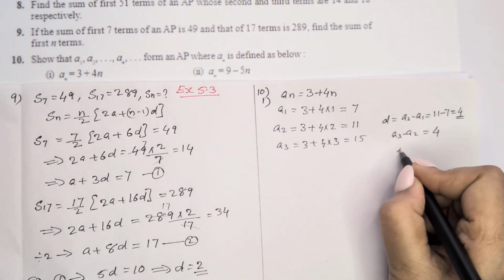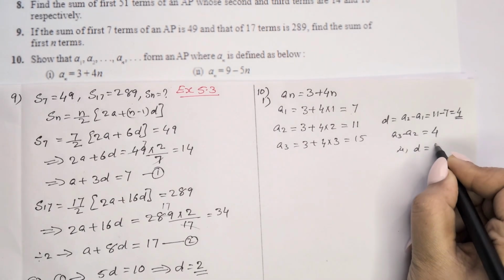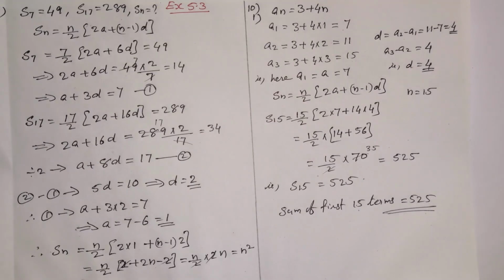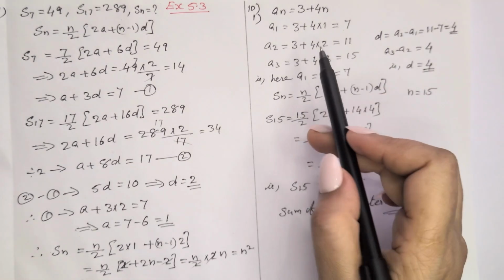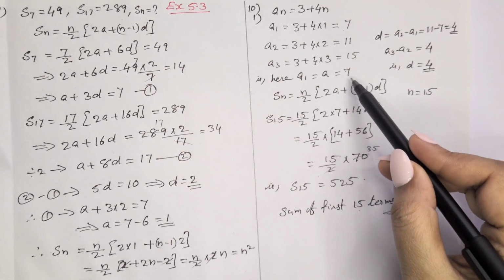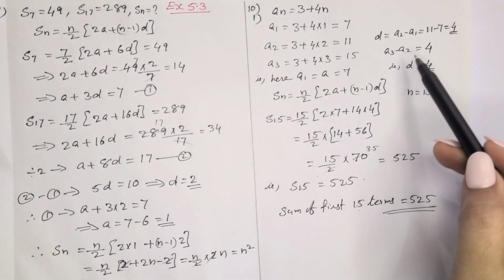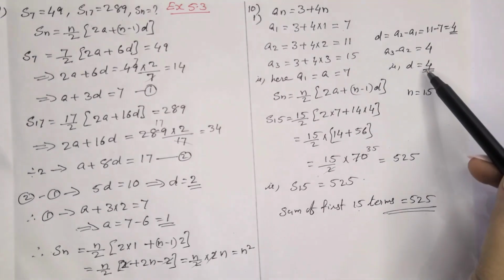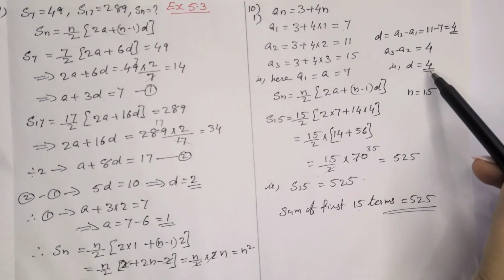So we can write d is equal to 4. So from here a1, that is the first term, a1 is same as a. First term is 7 and we got d from a3 minus a2 or a2 minus a1. We got that d as 4.